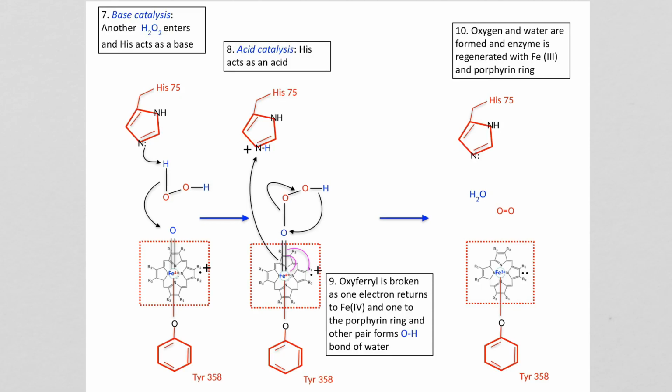So this regenerates the porphyrin ring and the histidine in the basic form, and now these two products, water as well as oxygen, will diffuse out of the active site, and the enzyme is regenerated to catalyze another round of reaction. So this is how catalase catalyzes the decomposition of 2 molecules of hydrogen peroxide into 2 molecules of water and 1 molecule of oxygen.